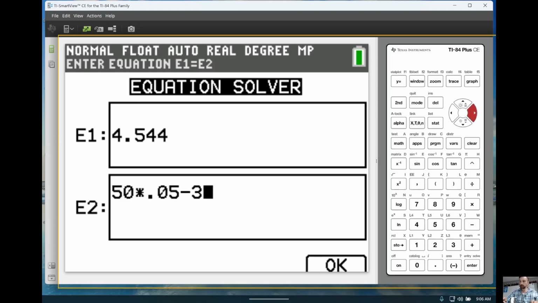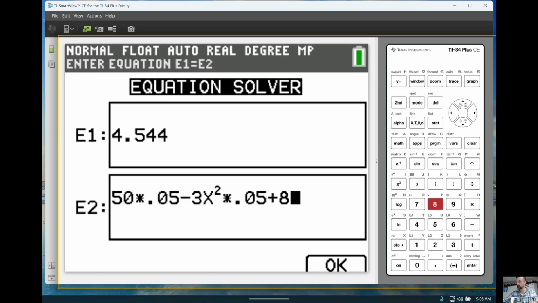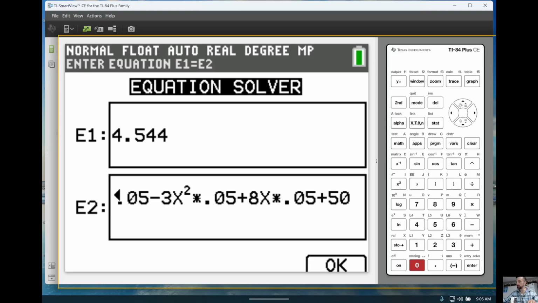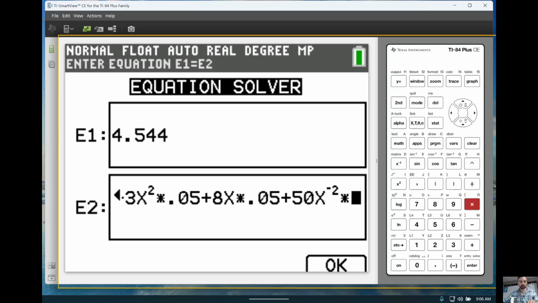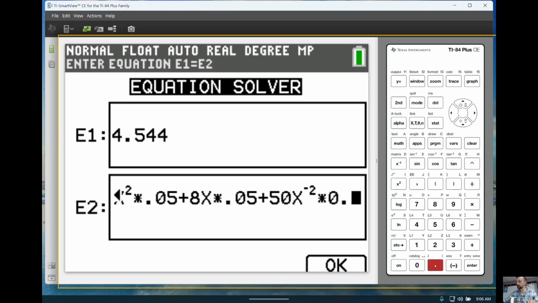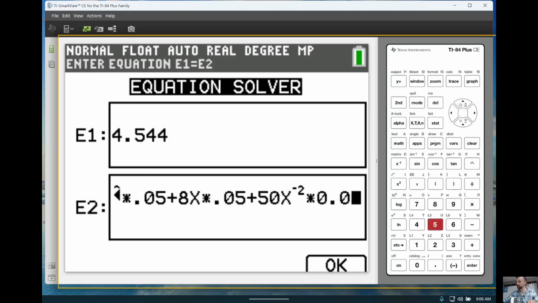So this was 50 times x prime minus 3x squared times x prime plus 8x times x prime plus 50x to the negative 2 times x prime.